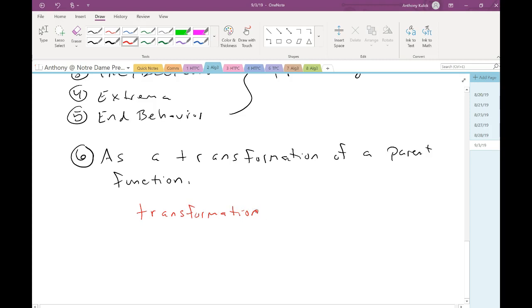So let's start with this idea of a transformation. Recall from geometry last year, you guys talked about transformations in geometry. The types of transformations you talked about were translations.